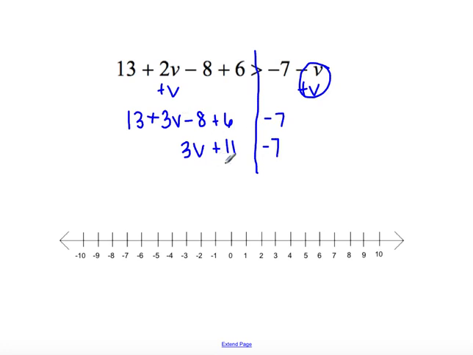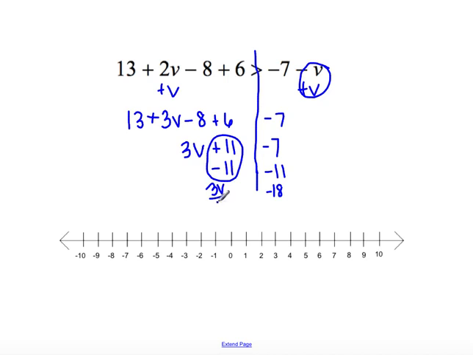And I want to get v alone, so I'm going to add 11. I'm sorry, this is plus 11, so I need to subtract 11 from both sides. And I've made a 0 pair right here. So 3v is greater than negative 18.